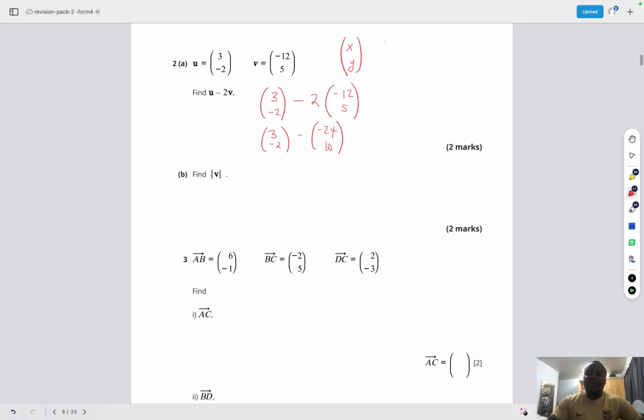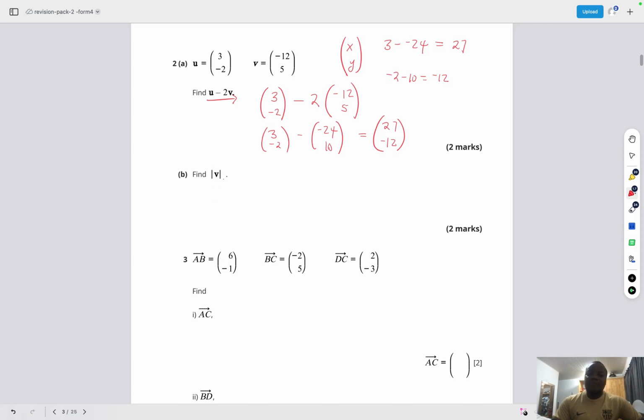So 3 minus negative 24 gives us 27, since the negative turns positive, and negative 2 minus 10 gives us negative 12. Therefore, the solution is 27 over negative 12.